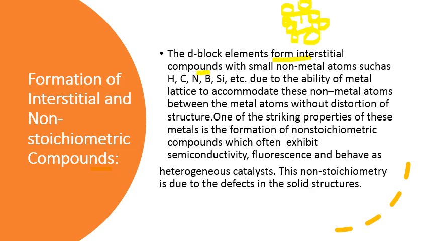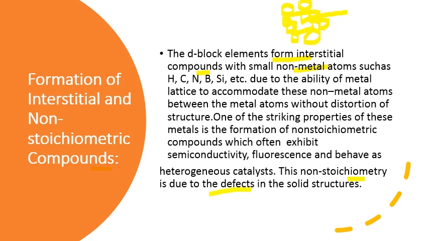And the D block elements generally combine with non-metal atoms and accommodate these non-metals into these interstitial sites, forming a defect in the lattice structure, and that is also called a non-stoichiometric defect.